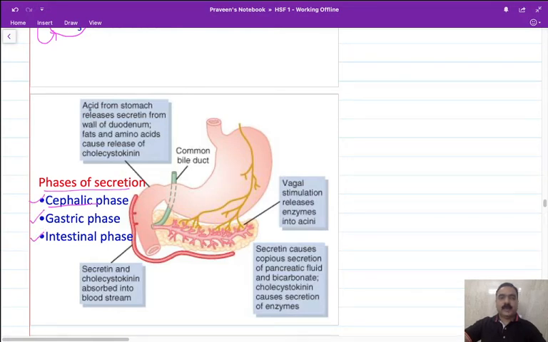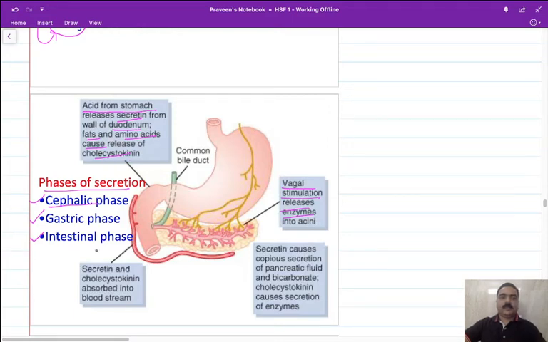So first is the cephalic phase, the vagal stimulation, which releases enzymes, and acid from the stomach releases secretin from the wall of the duodenum, and then fats and amino acids cause the release of CCK. So acid causes the secretin, and fats and amino acids cause the secretion of CCK.